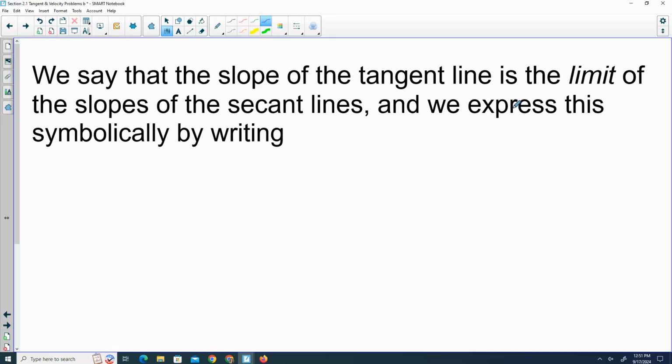So we say that our slope of the tangent line is the limit of the slopes of the secant line. So the way that's written, lim stands for limit.